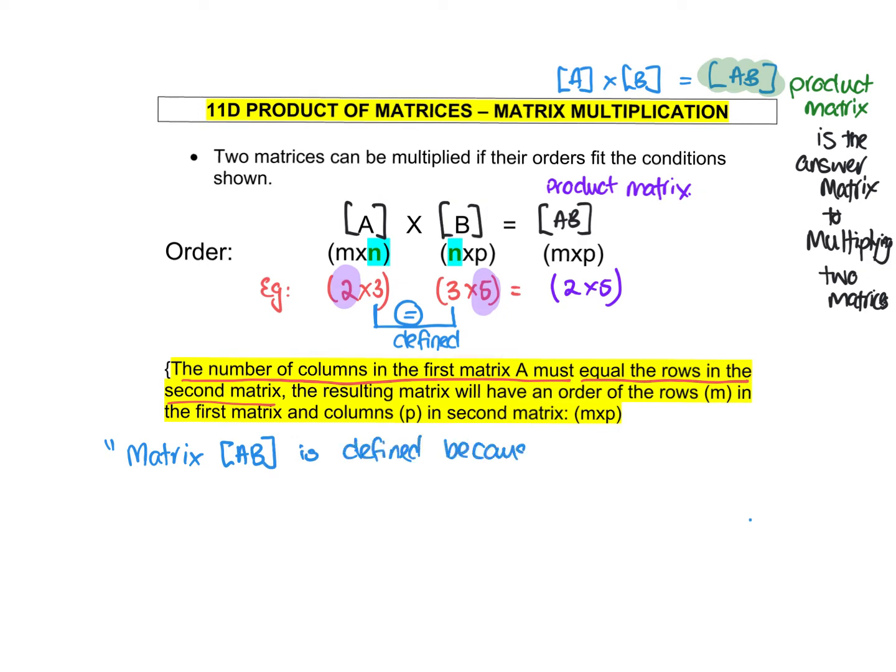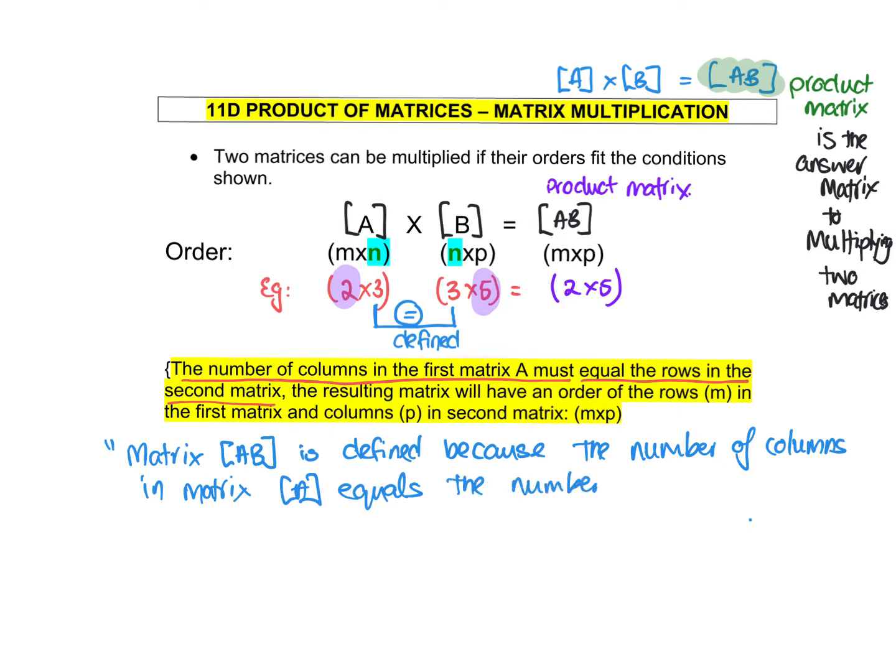because the number of columns in matrix A equals the number of rows in matrix B. Okay, so you must be writing that.